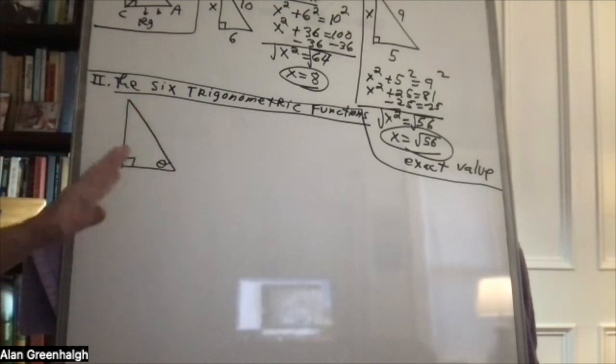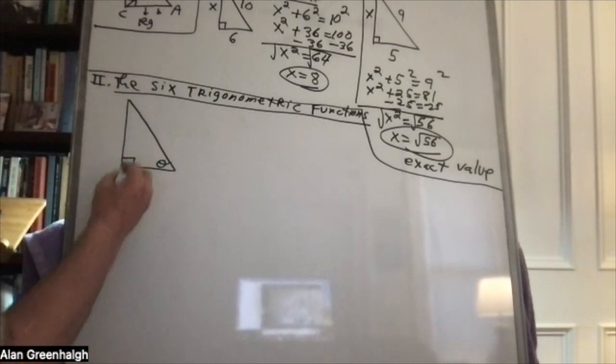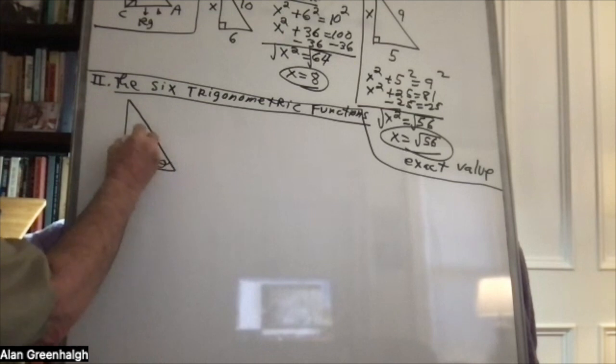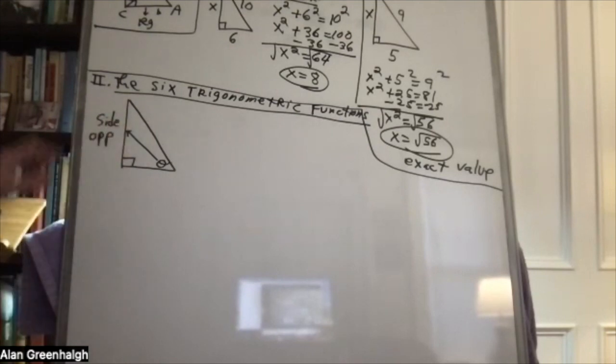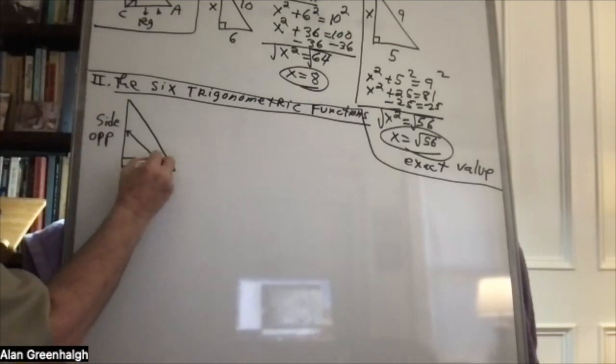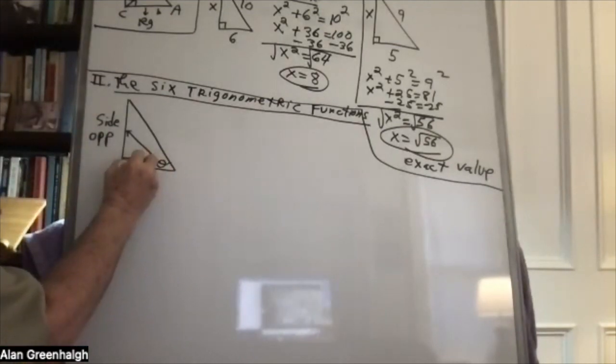Theta is just the value of the angle, which we're not interested in right now. But we are interested in the side over here, which is called the side opposite the angle. I'm going to abbreviate that by OPP, side opposite. This is the side right.